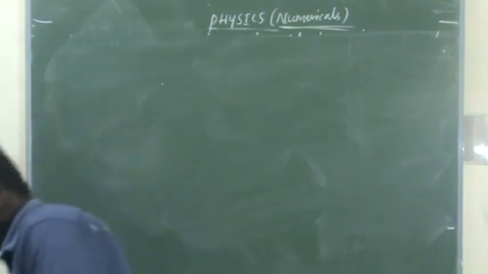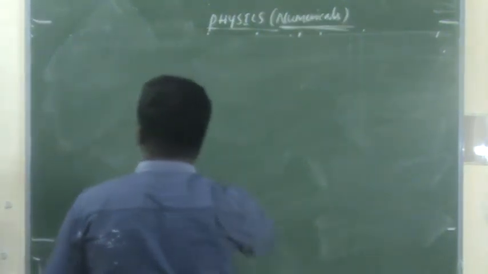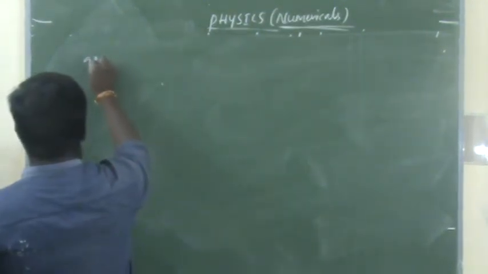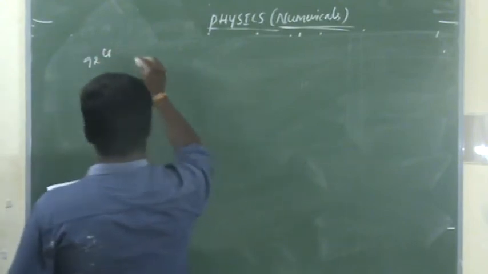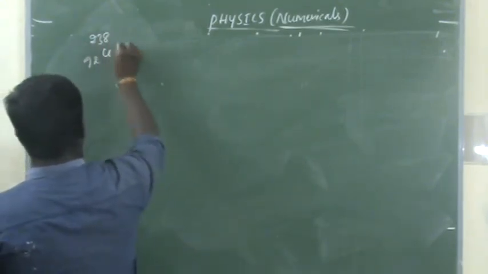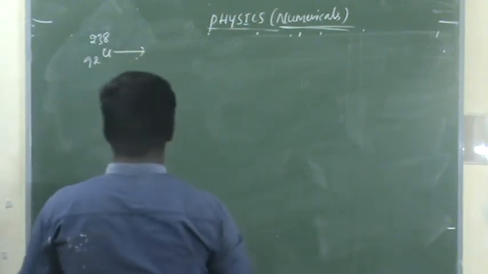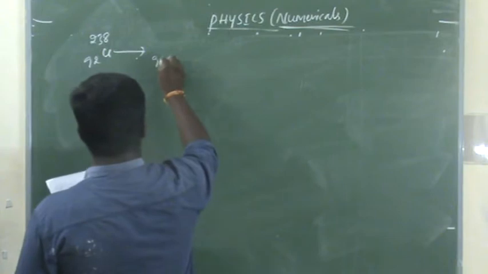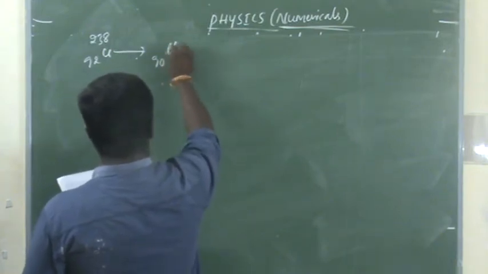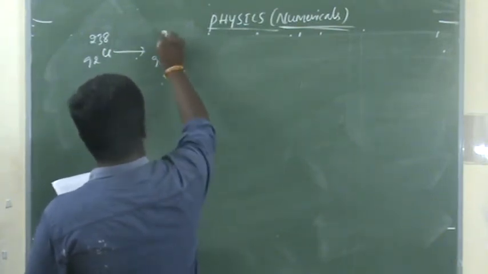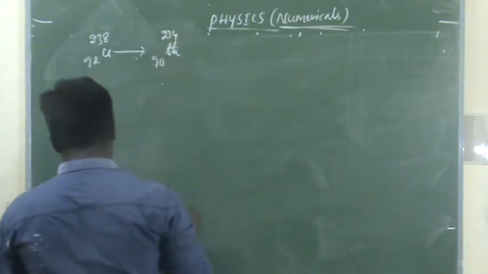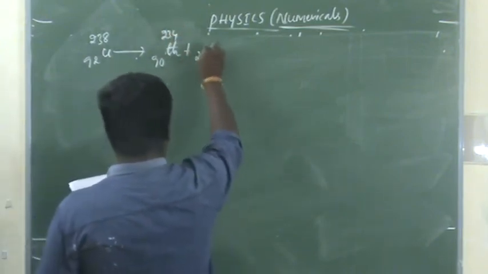During alpha decay, that is 92 uranium 238 splits into 90 thorium 234 plus 2 helium 4.